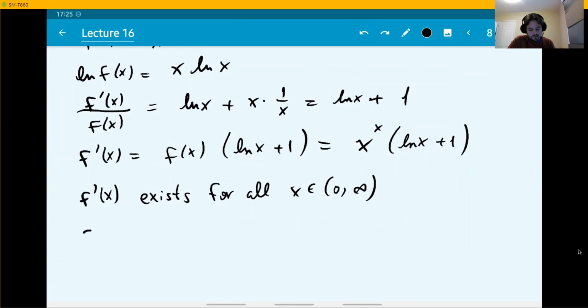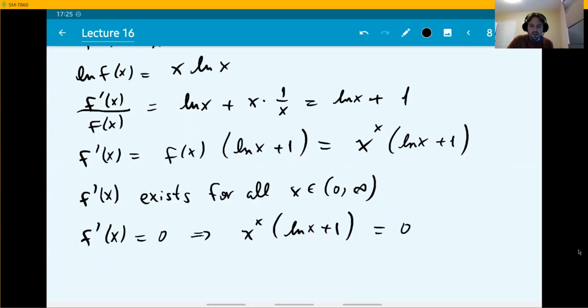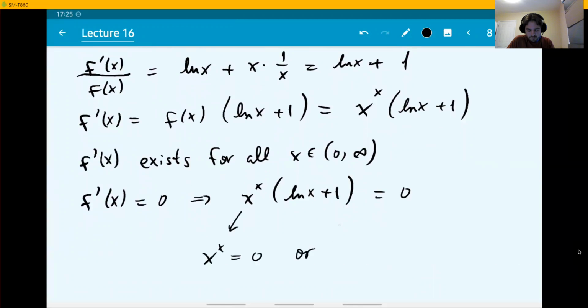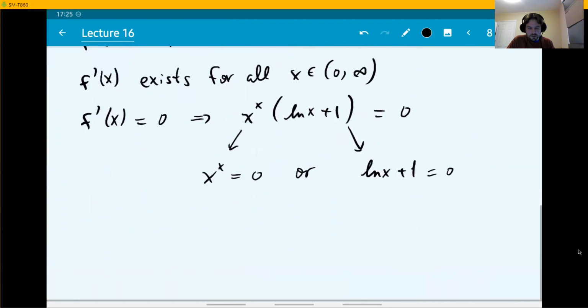But what else can happen? For a critical point, it's where f prime equals 0. Let's solve for that. When is this 0? Well, either x to the x is 0 because you have this product here, or ln x plus 1 is 0. The first condition here is never going to be satisfied.